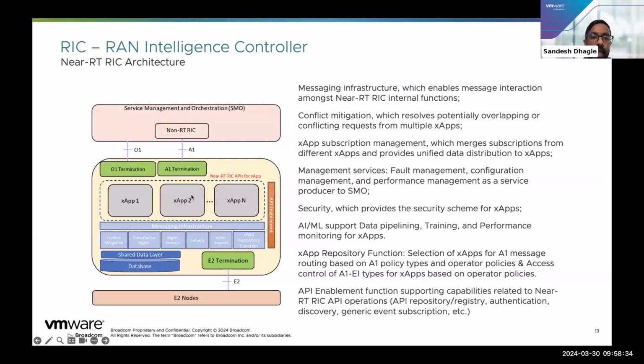The way these apps connect to the near real-time RIC is using an API. It is the RIC API that enables the near real-time RIC to connect with the xApps. In the non-real-time RIC, it was an interface called R1. In the near real-time RIC, it is the API with which they would connect.